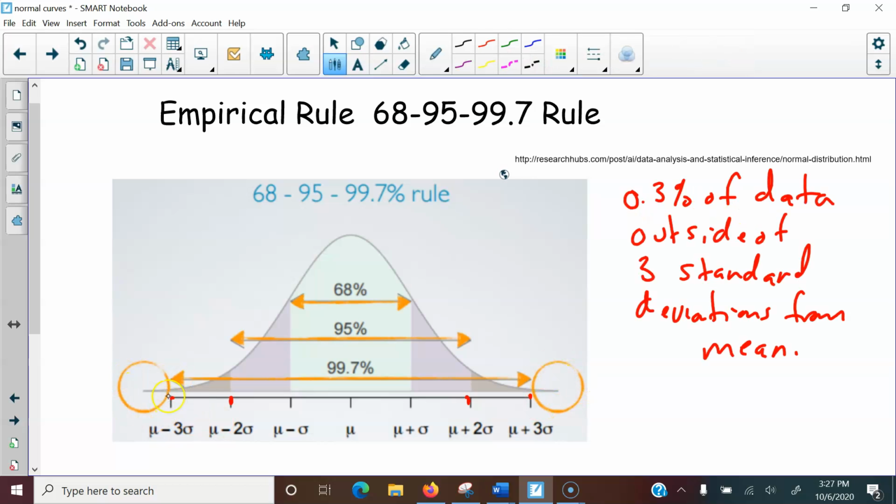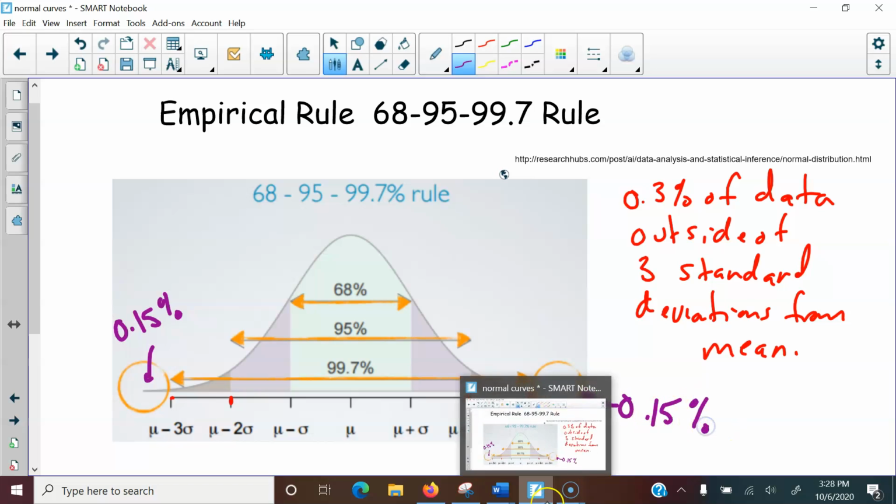The two circled areas combined are the 0.3% of the data that is outside the 3 standard deviations. Because there are 2 of them and they are symmetric, so they're the same size, in this circle we have 0.15% of the data, and in this circle we have 0.15% of the data.